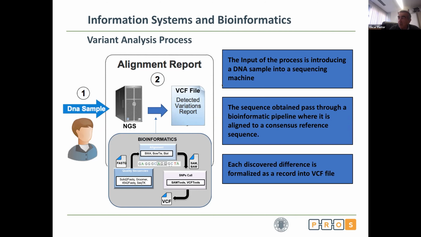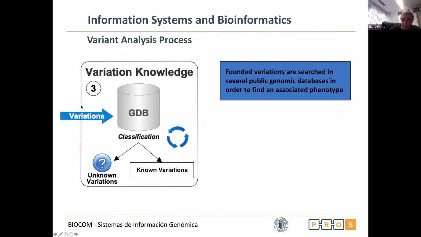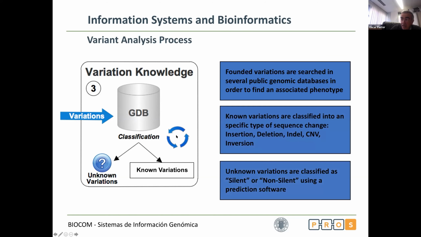Look at this, this is the result: the sample, the BCF file. With the BCF file, we have the variations that my genome, my sample, has. We go to the genome databases, to this data oracle, and we classify those variations whose meaning is known, and those others whose meaning is still unknown. But with the variations whose meaning is known, I can go further.